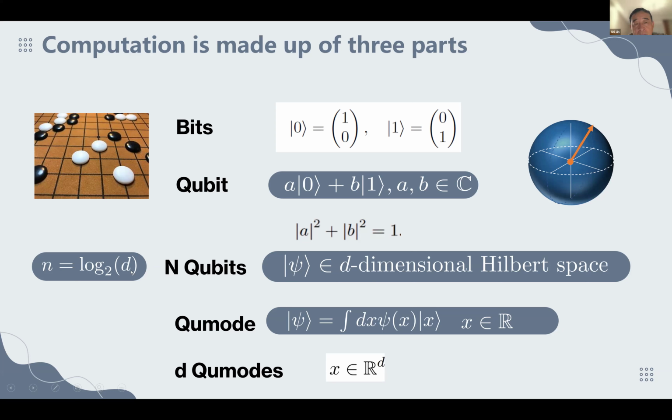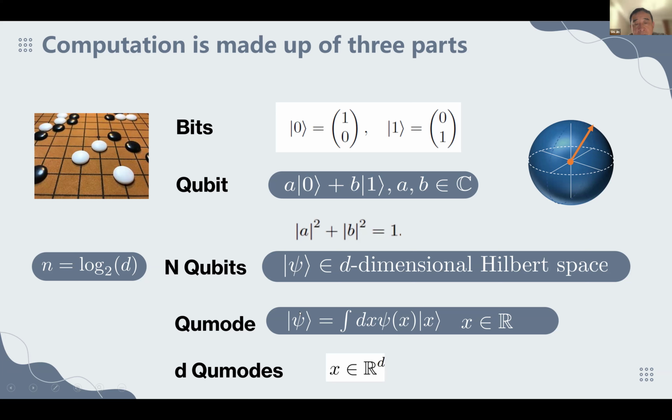That's why, if you design the algorithm carefully, you can get so-called exponential speedup. It's really because for a 2 to the power n dimensional space, you just need n qubits. All right. But that's when you use the so-called qubits.